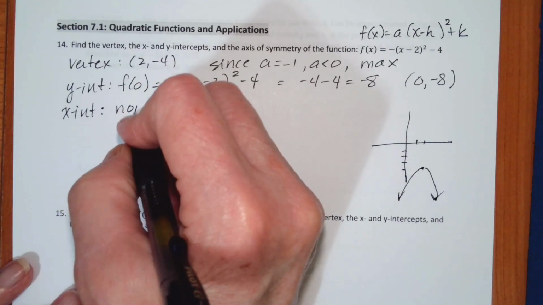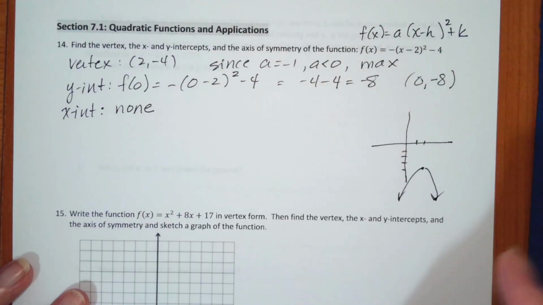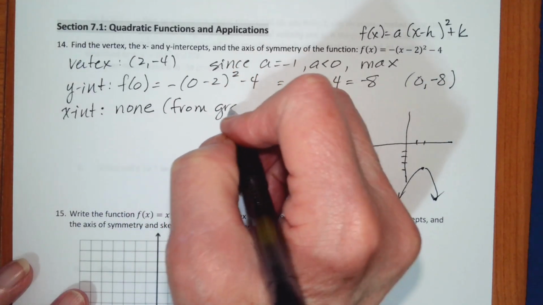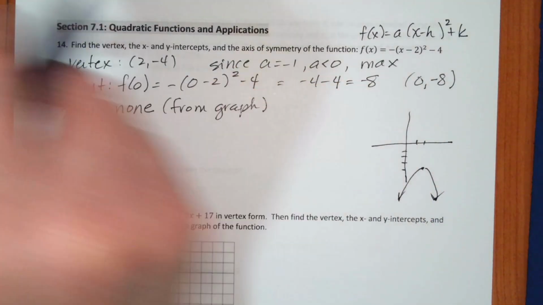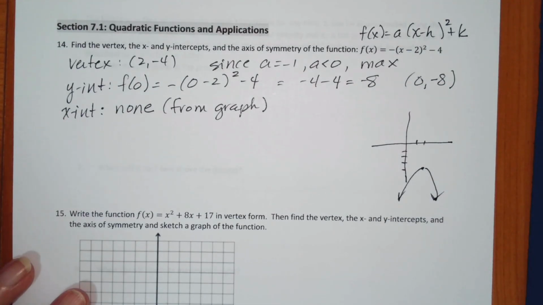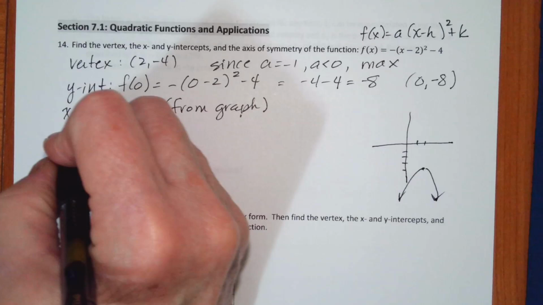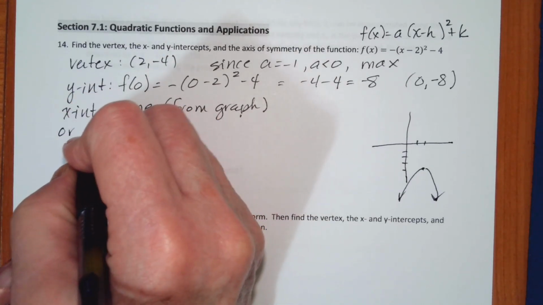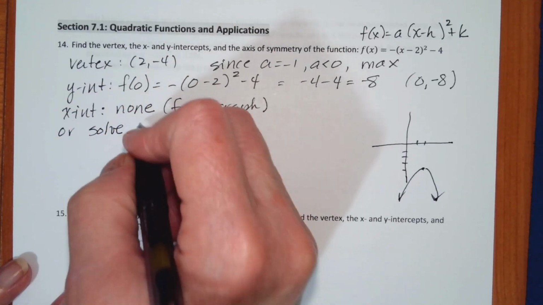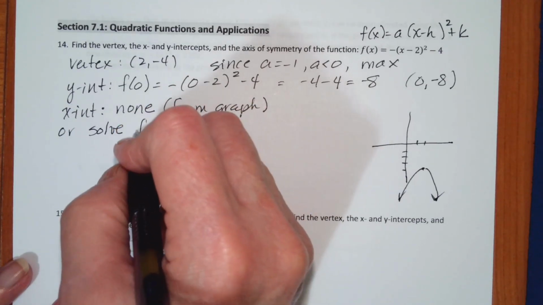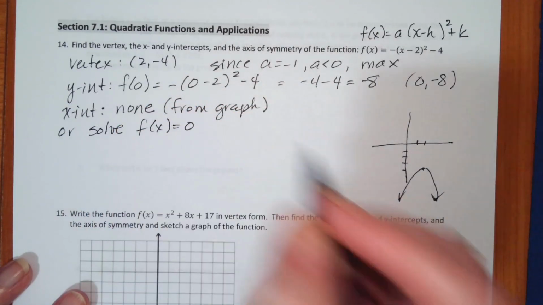So there are no x-intercepts, so from the graph. However, if you don't see that, or you can solve f of x equals 0.